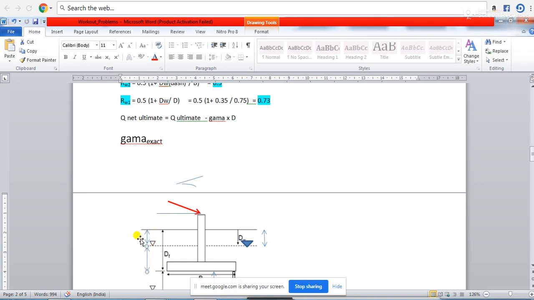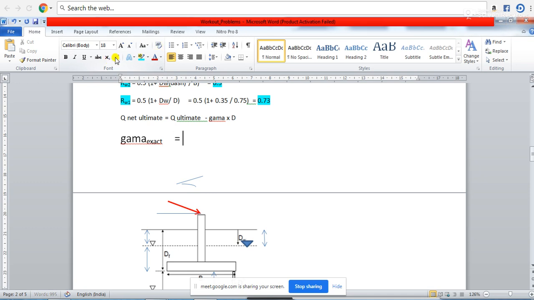Up to this portion the soil is saturated, and this portion of soil is submerged. The submerged unit weight, gamma submerged, is nothing but gamma saturated minus gamma w. So you can calculate gamma submerged for d2 depth, and this portion of soil is saturated, so this is gamma saturated.